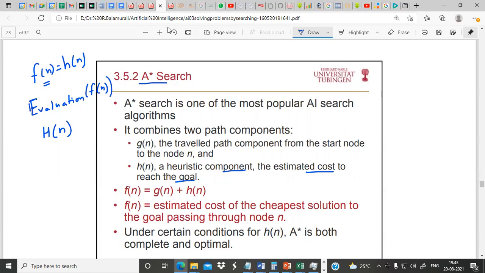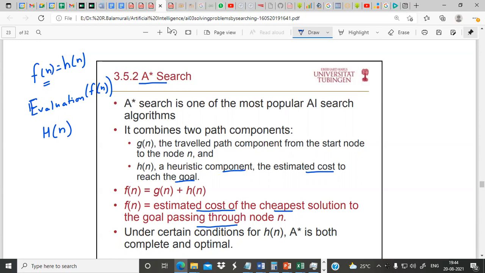So when you combine these two things, f of n is the estimated cheapest cost path from the initial state to the goal state. h of n is the estimated cost from the current state to the goal state, and g of n is the actual cost from the initial state to the current state.